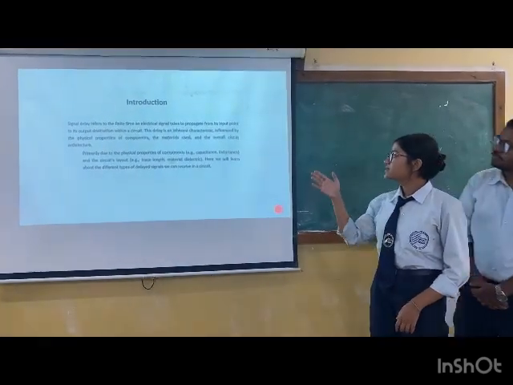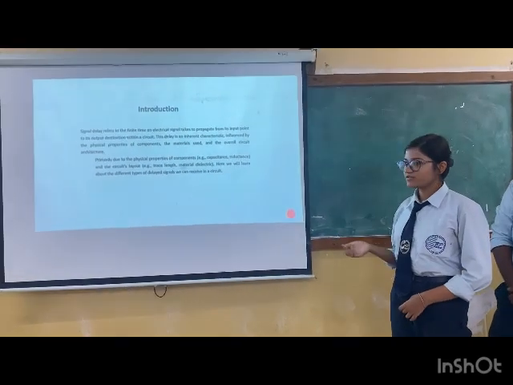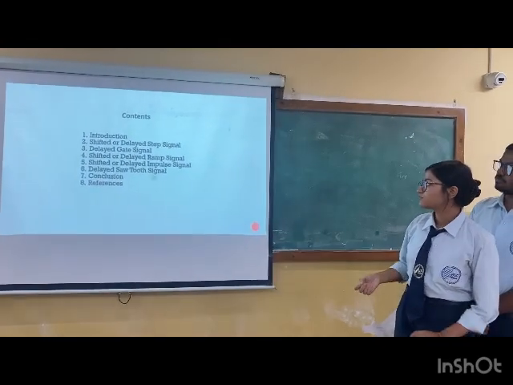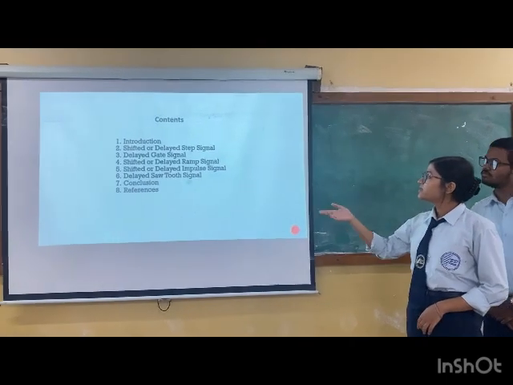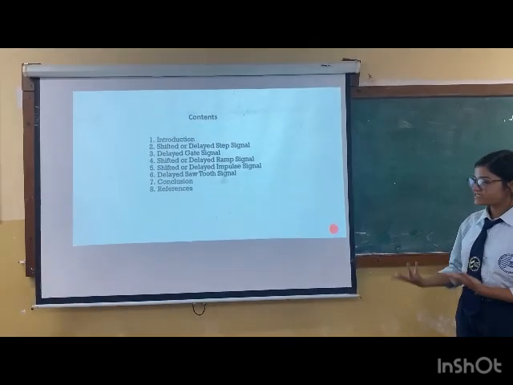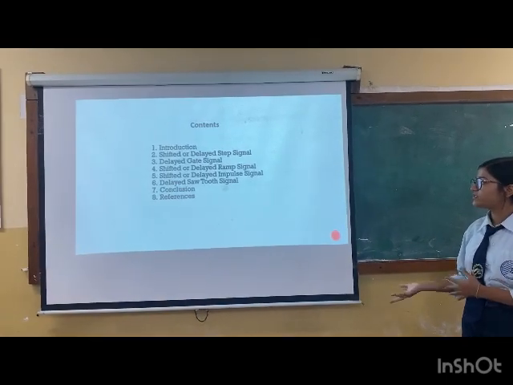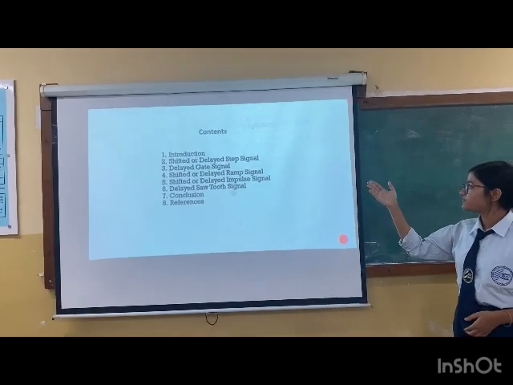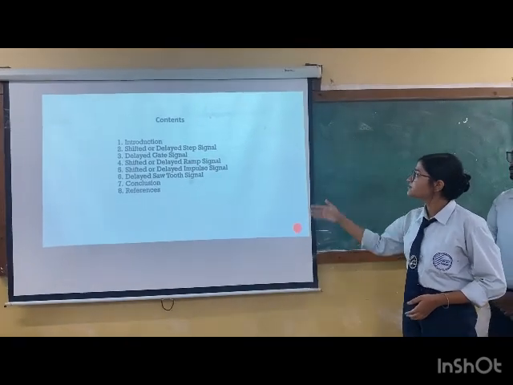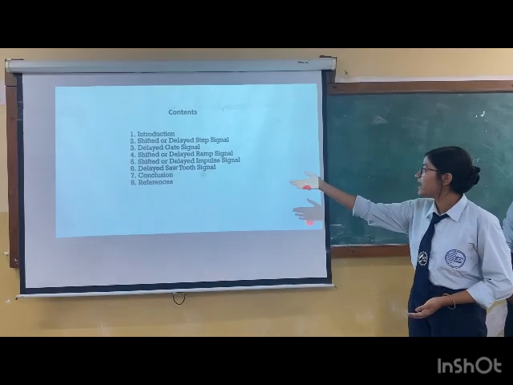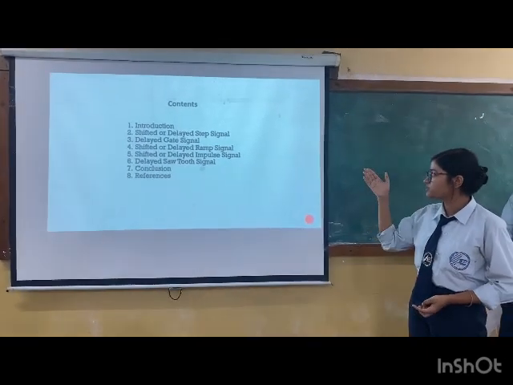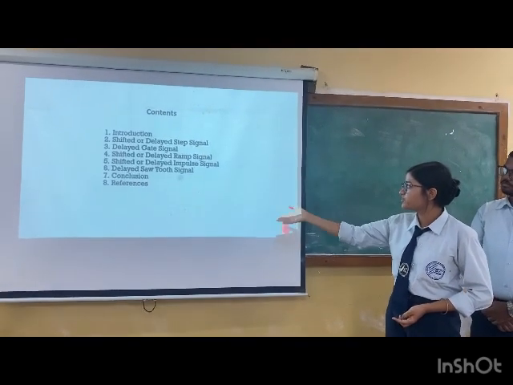Introduction says that signal delay refers to... Go to the previous slide. Here we are talking about what is signal delay and how it affects the circuits and the signals. Then we have the shifted or delayed step signal. Different types of signals are there, and the delay, the graph representation, and the mathematical representation all are dependent.